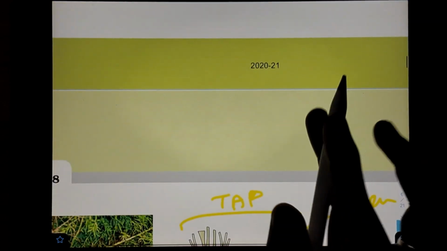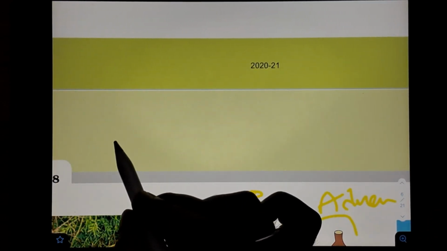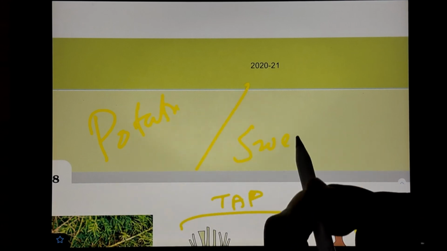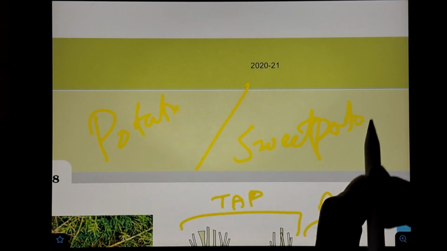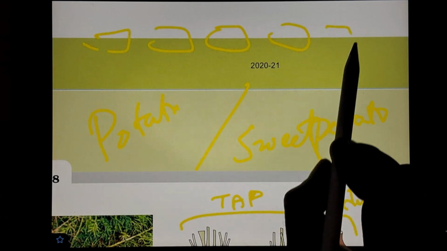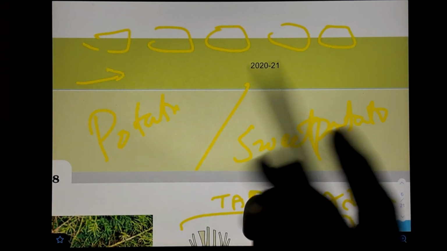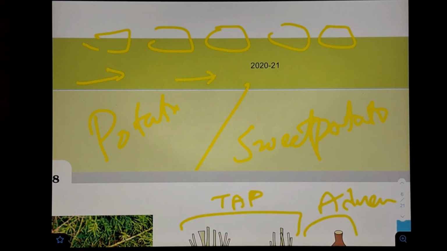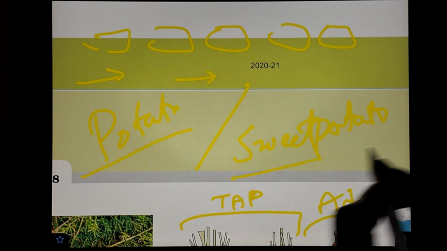Guys, in exams they will confuse you between potato and sweet potato examples. They may give you some 5 examples and ask you to list which are the adventitious roots or which are the taproots. While classifying them, you should be aware of the difference between potato and sweet potato.